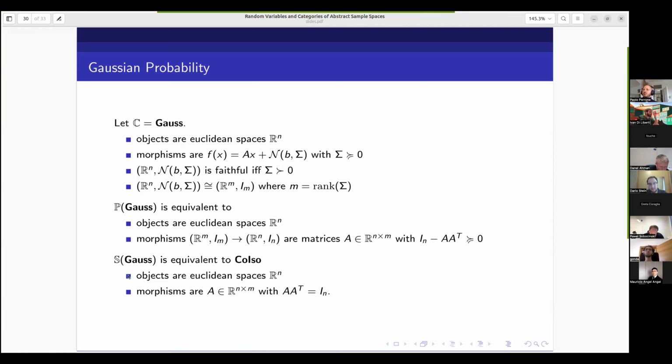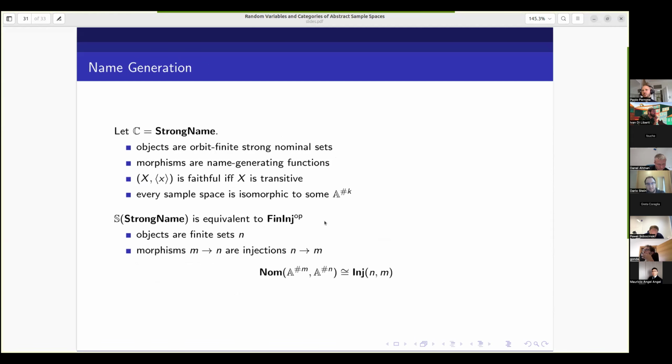And at the end, sample spaces over Gaussian probability are just this. Objects are a Euclidean space, and morphisms are matrices which satisfy this condition: A A transpose is the identity. So those are Euclidean co-isometries. That's a very simple category, and somehow to understand Gaussian probability, we just need to understand that.